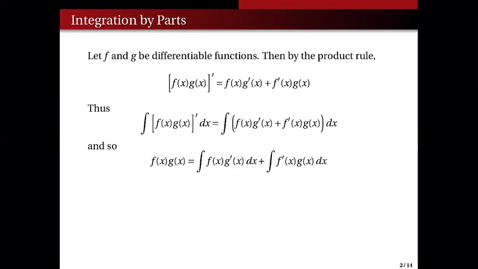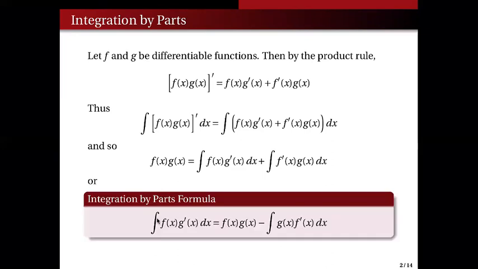And then what we're going to do is put one of the integrals on the other side of the equation. So we will obtain the following. This is the integration by parts formula. We have the integral of f of x times g prime of x dx equal to f of x times g of x minus the integral of g of x times f prime of x dx. Okay?